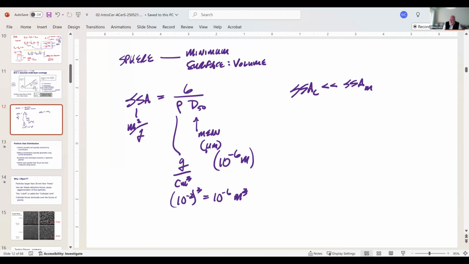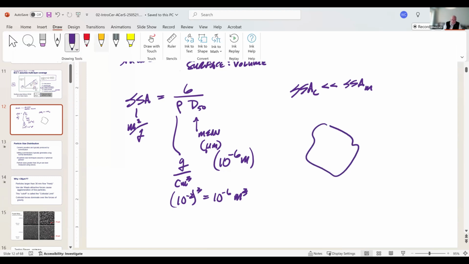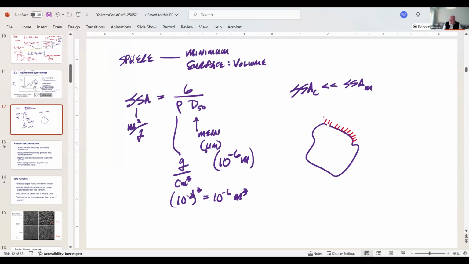Because with nitrogen absorption, if I have a particle and I absorb nitrogen on the surface of that particle, it's going to absorb into all the little nooks and crannies of that particle. And also, the calculation gives me the best case, which could be if it was a sphere. Well, it's not a sphere. So anything I do to deviate from a sphere increases my surface area.